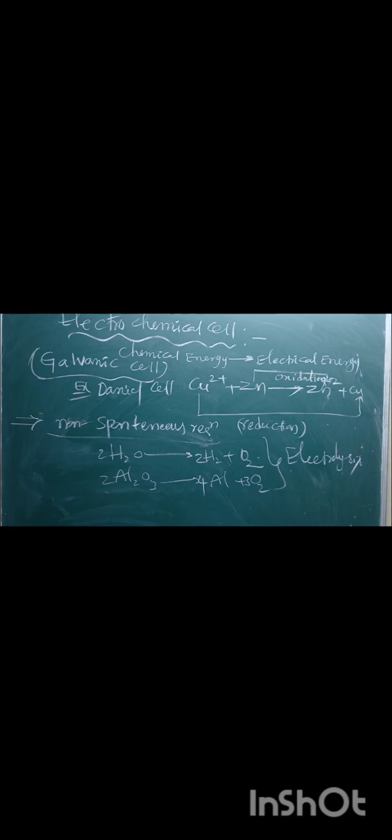Reduction, on the other hand, is a process in which a species, either an atom, molecule or ion, decreases its oxidation number by gaining one or more electrons. The substance which undergoes oxidation is called the reducing agent. What is a reducing agent?